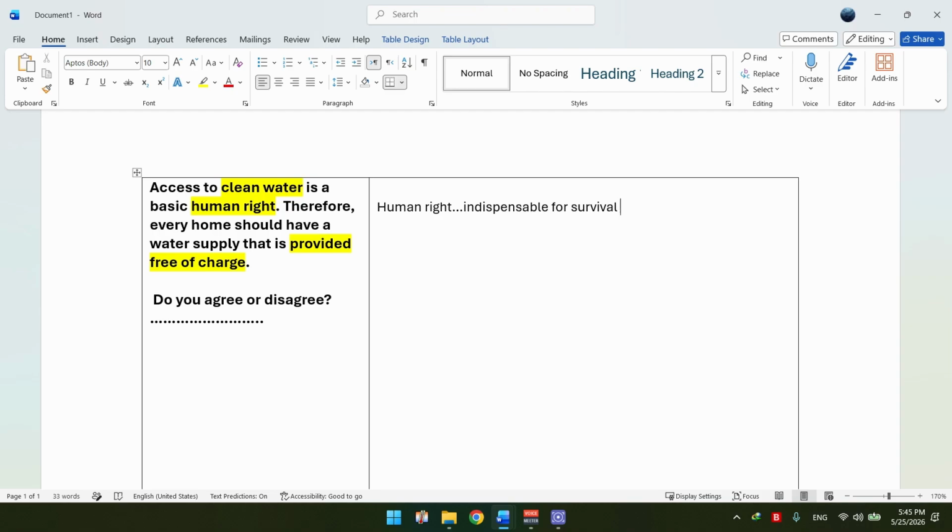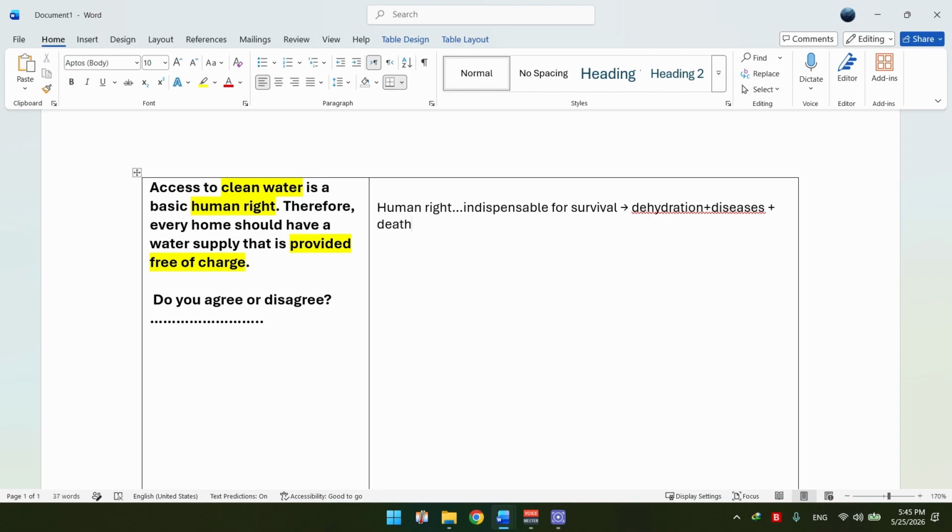And also, what else? If we don't have water, what happens? Why do I think that it's indispensable? Because without it, it leads to dehydration, diseases, and in extreme cases, it can cause death.